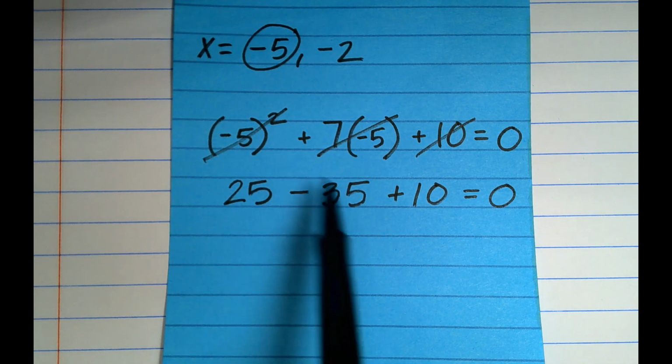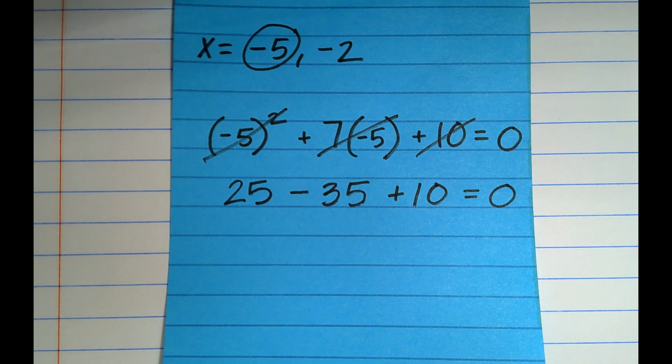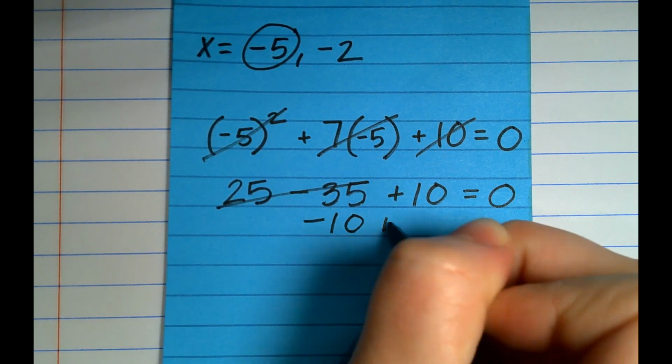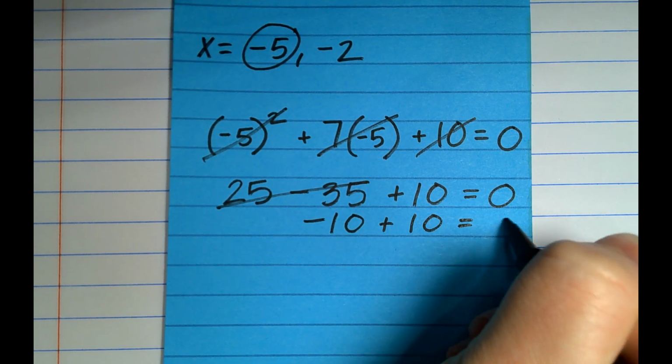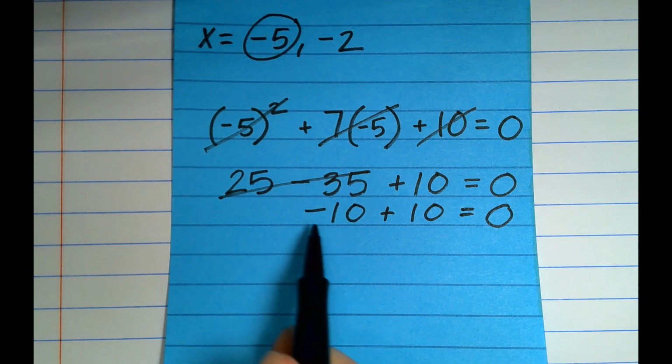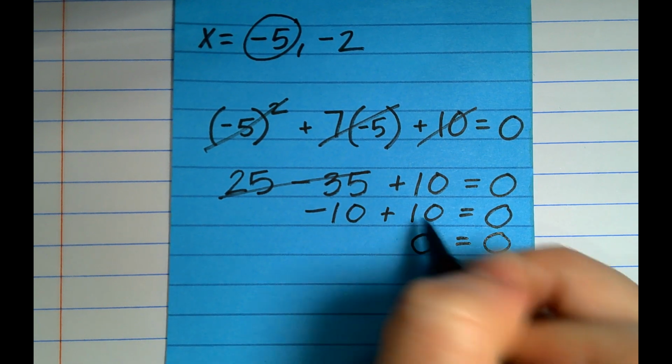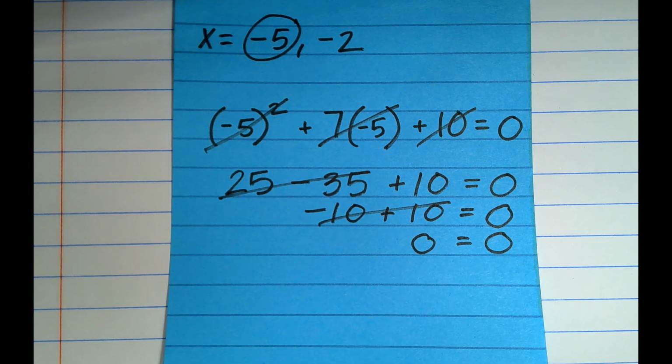What's 25 minus 35? Negative 10. Plus 10 equals 0. What's negative 10 plus 10? 0. Is 0 equal to 0? Yeah.